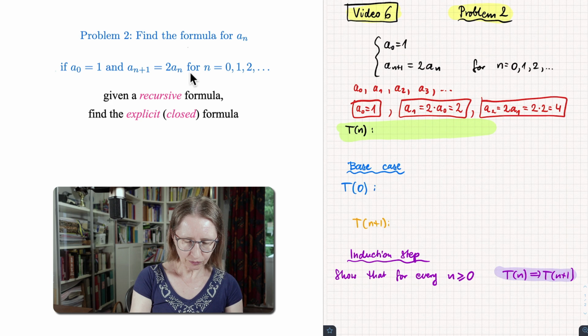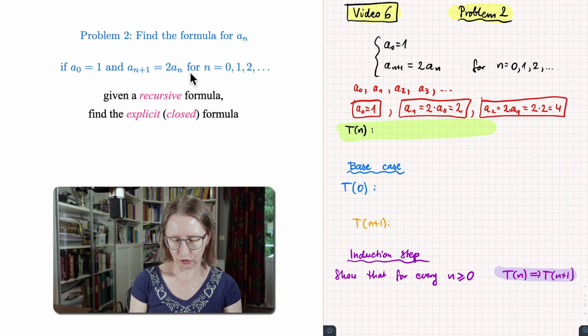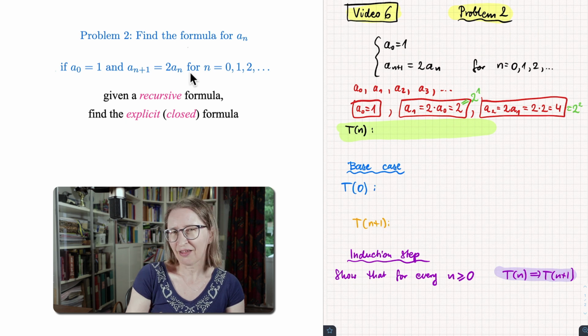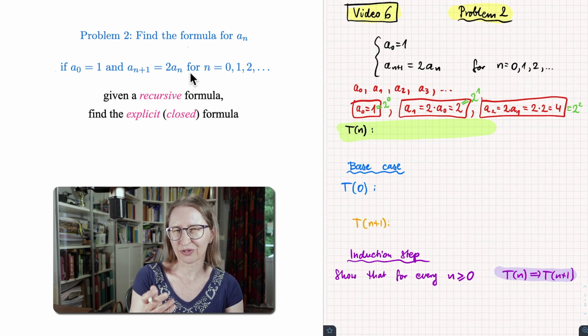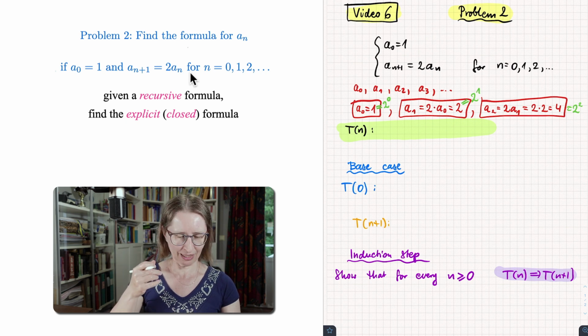Because here the expression for a_2 is 2 squared, right? The expression for a_1 is 2 to the first. And the expression for a_0 can be written as 2 to the 0, because you know that each non-zero number raised to the power 0 gives 1.